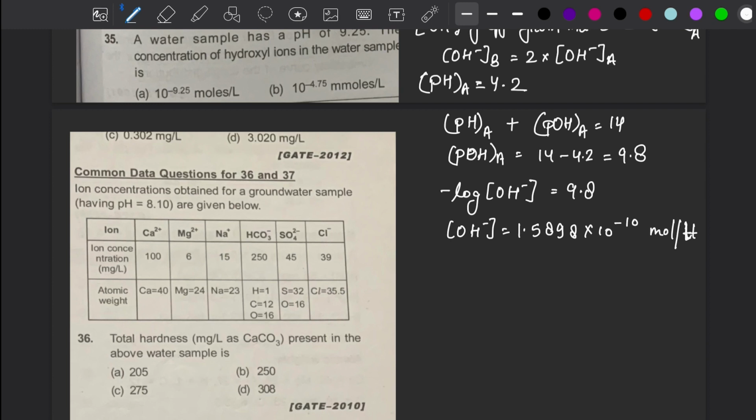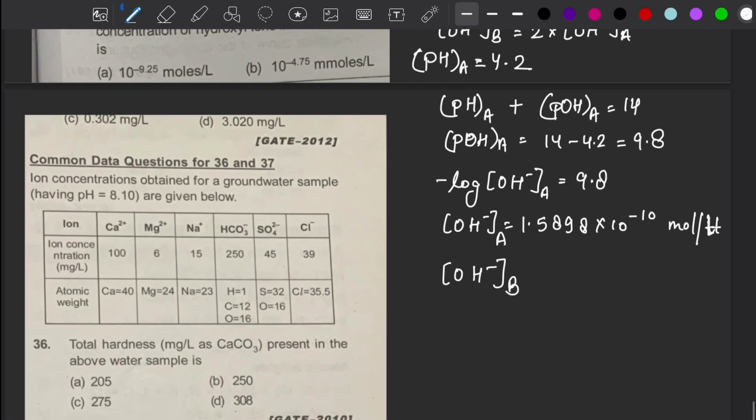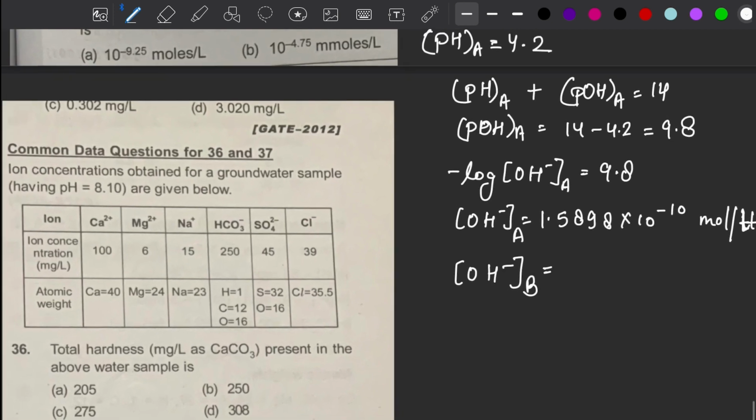So this is for A. So OH of B is equal to 2 times 1.5898 into 10 to the power minus 10, that is 3.6196 into 10 to the power minus 10.